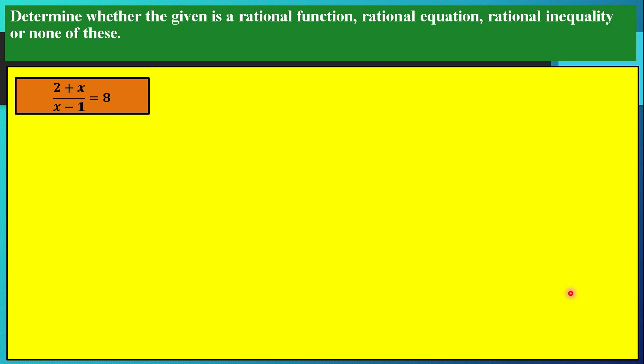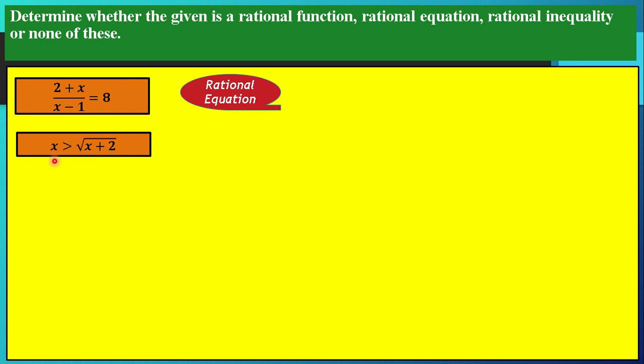Rational function, rational equation, rational inequality, or none of these? So, i-examine natin. So, meron po tayong involved na rational expression dito. So, meron tayong 2 plus x divided by x minus 1, at ang symbol na ginamit or involved ay equal sign. Therefore, ang sagot po natin dito ay rational equation. Maliwanag po ba?